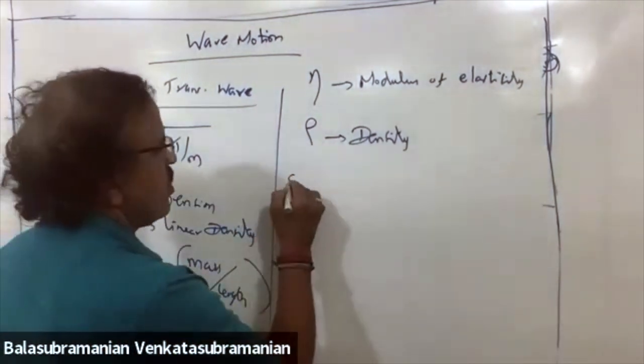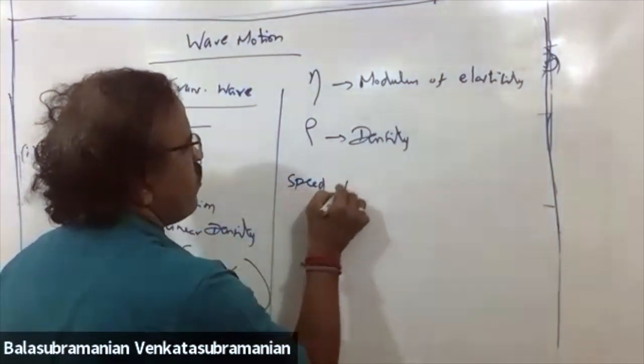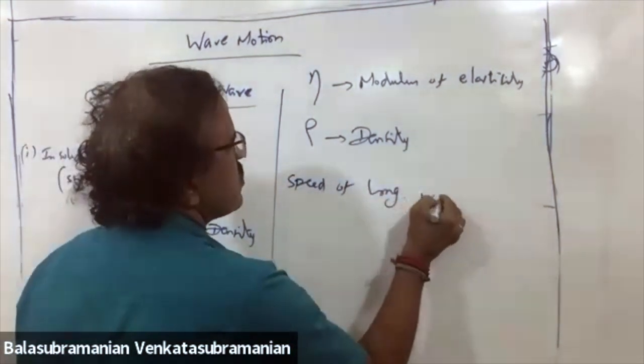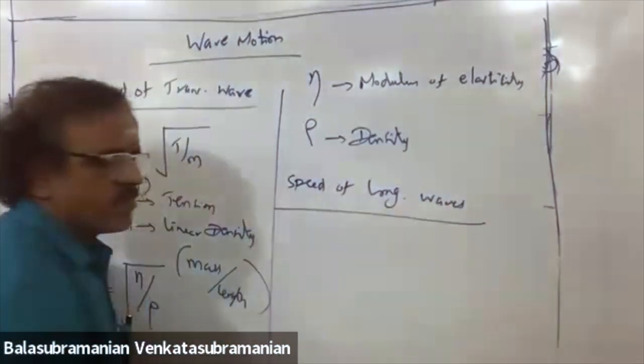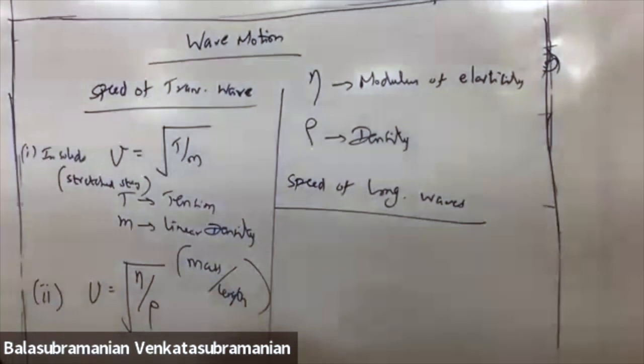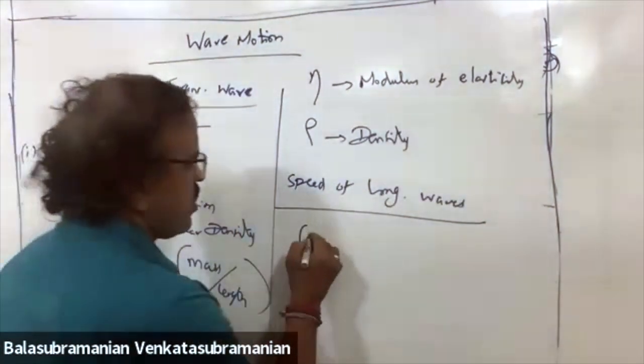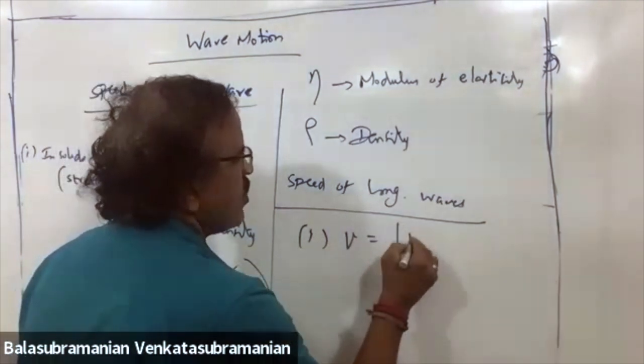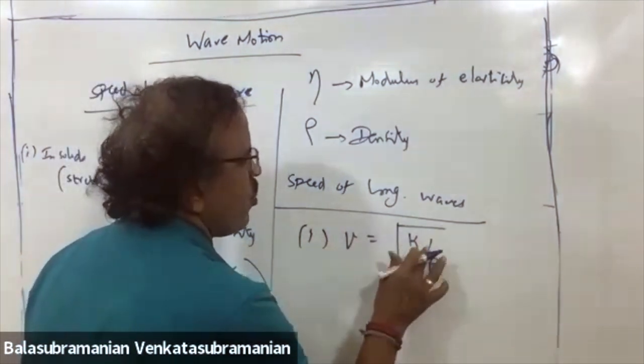Then speed of longitudinal waves. Longitudinal waves in liquid or gas, V is equal to root of K by rho.